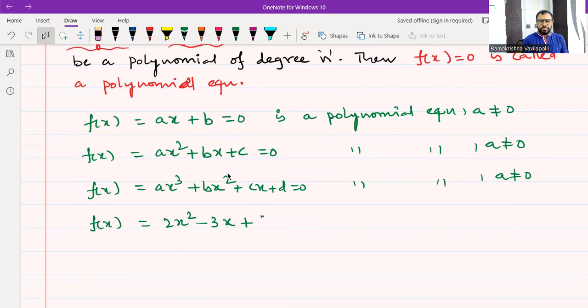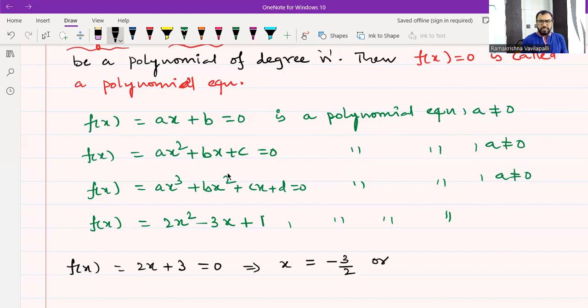Or you can take a plus 1 is a polynomial equation. Now, what is a root of a polynomial equation? Here you see, if you take an example, f of x equal to 2x plus 3 equal to 0. This implies x equal to minus 3 by 2.